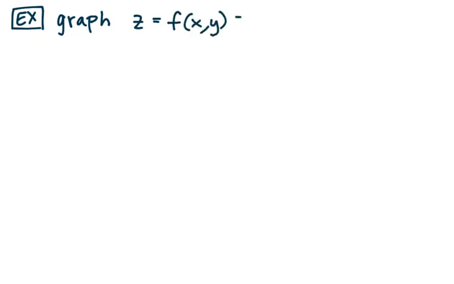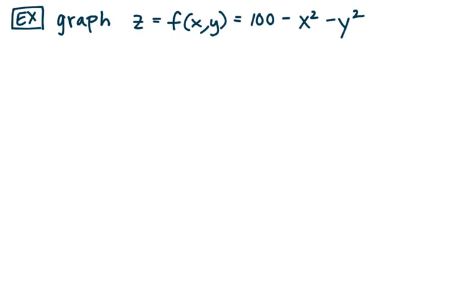So for this example, we are going to graph z equals a function of xy, which is 100 minus x squared minus y squared.